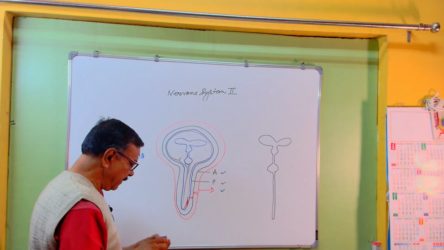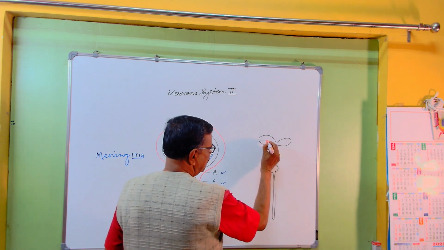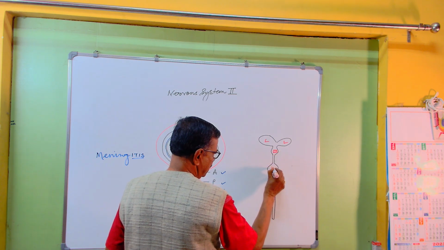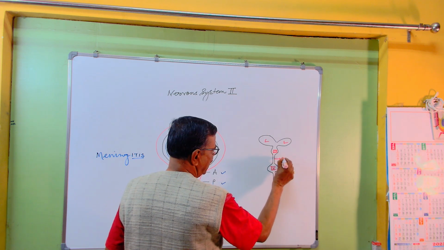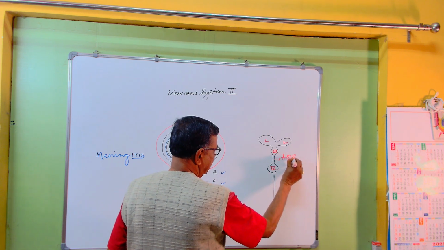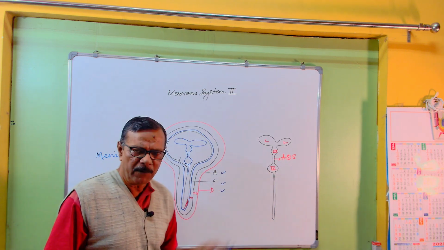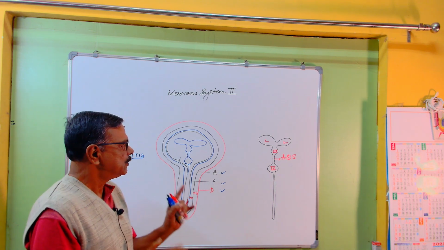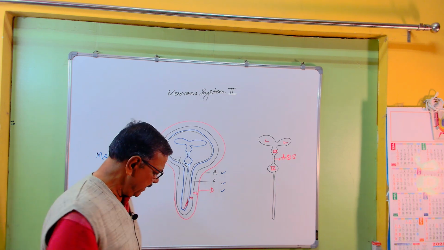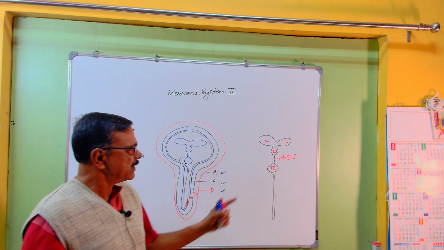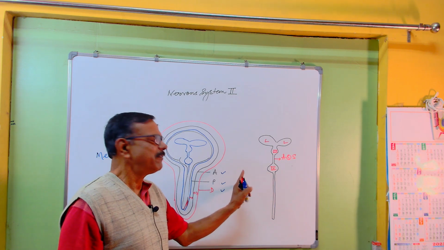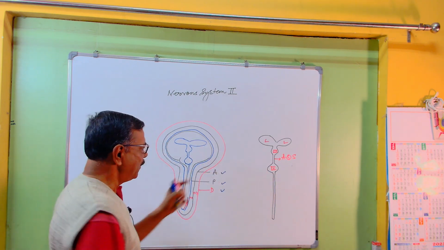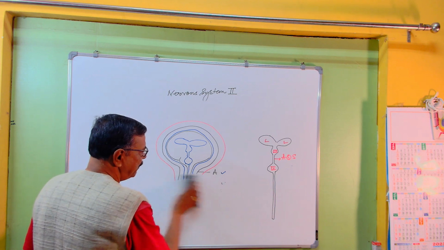So if you can remember these four ventricles, two lateral ventricles, the third ventricle, the fourth ventricle, and the aqueduct of Sylvius, it will be easier for us to understand the brain as well as to write about the brain whenever it comes in the exam. 90% of the students do not attempt this question because they find it difficult and attempt other alternatives. But it is so simple. Let us go through how it is so simple.